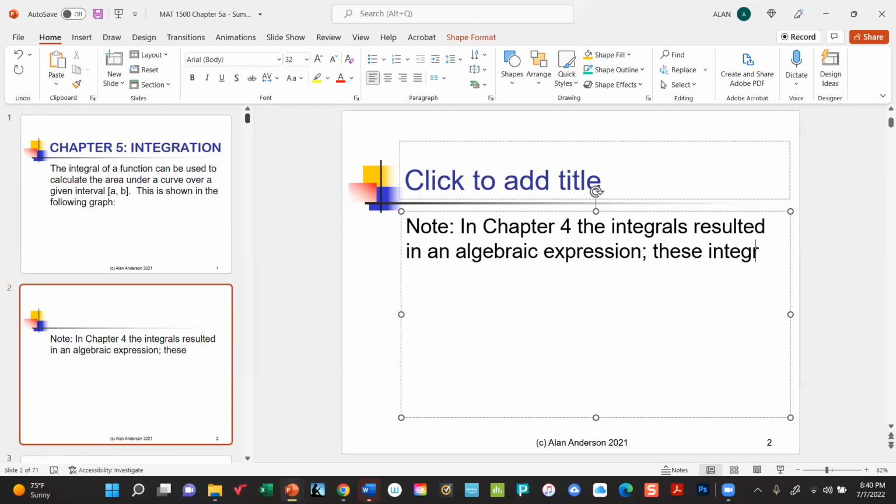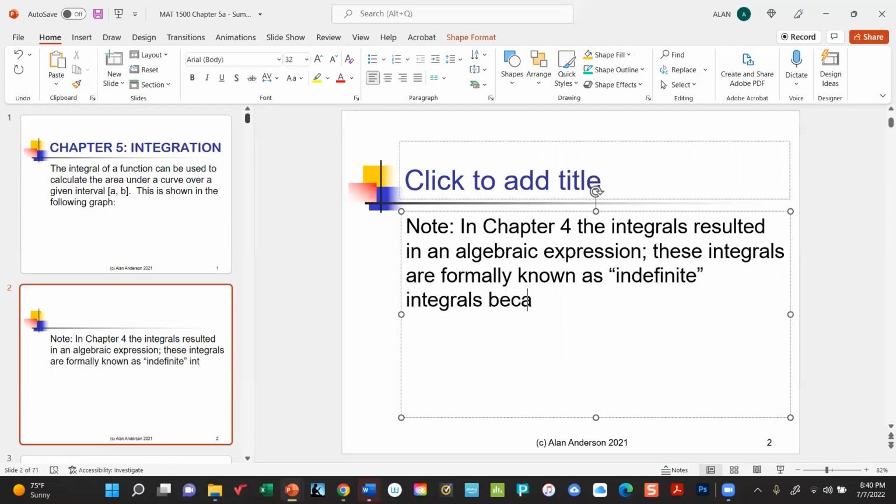These integrals are formally known as indefinite integrals because they do not provide a numerical solution. In other words, you're not getting a single constant.